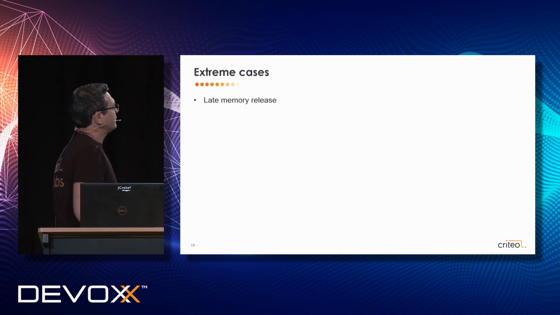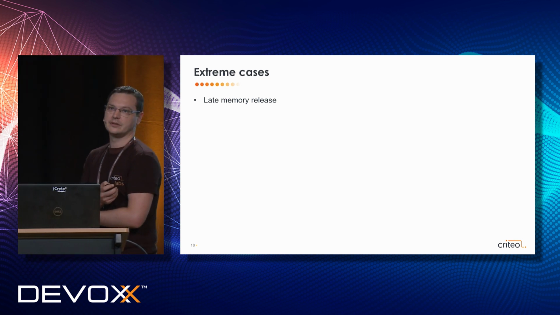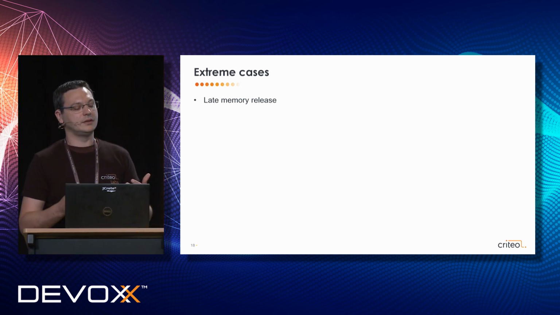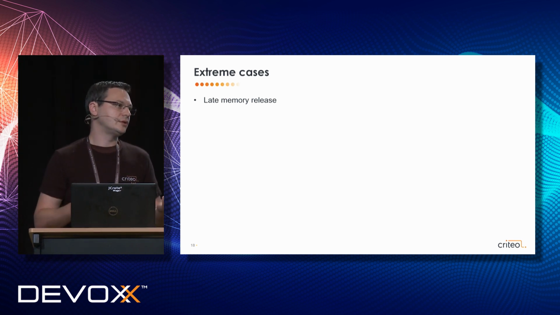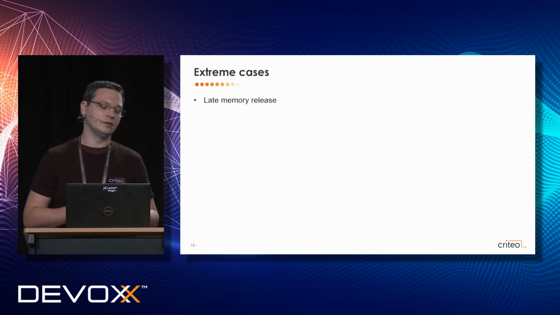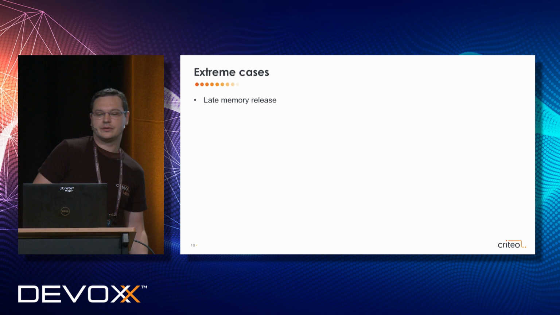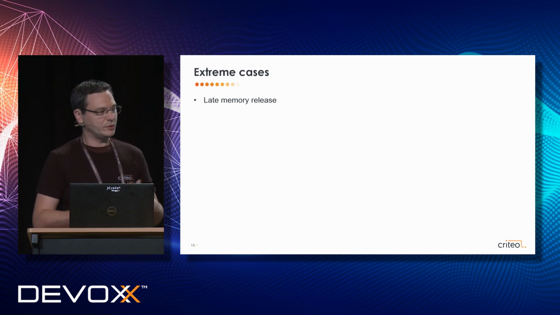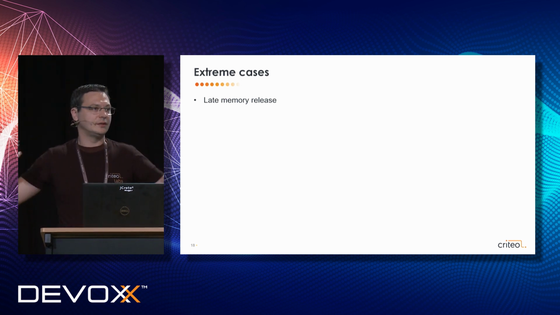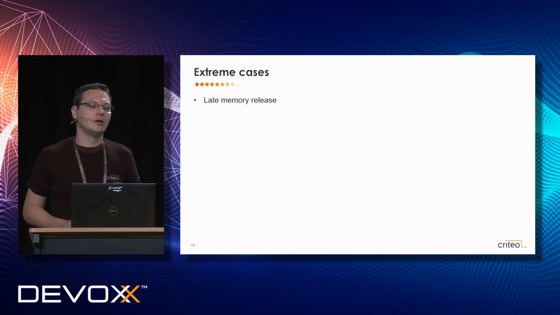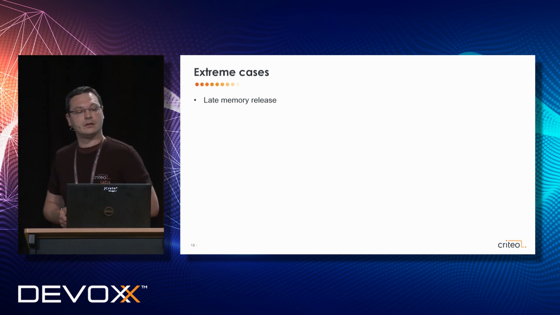In extreme cases, with the Shenandoah algorithm, we have a late memory release. It means that the region that we release will be freed at the end of the cycle. If the region is full of garbage, it will be released earlier, but for the others, if you have objects that need to be evacuated, you need to wait for the evacuation and then all the reference updates for all the objects pointing to those objects that were moved.